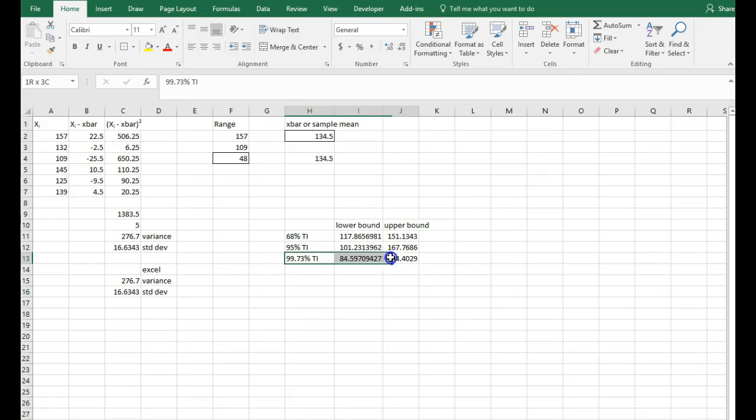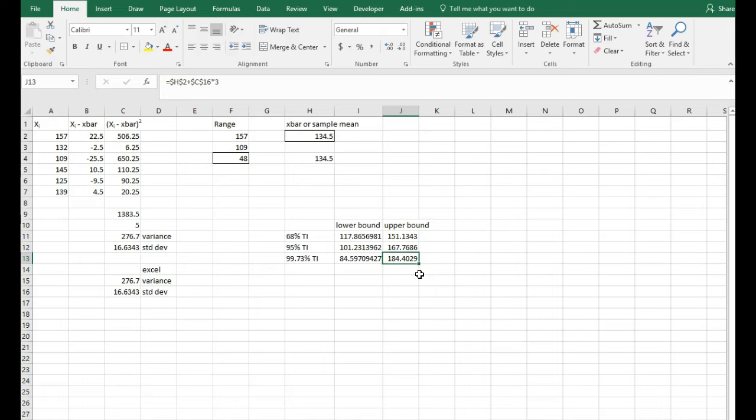This 99.73% tolerance interval is that range of 3 standard deviations about the mean. And that $190 expense falls above that range. So that is something we could consider an outlier and worthy of further investigation.